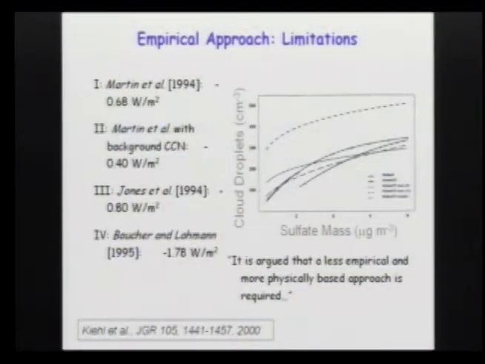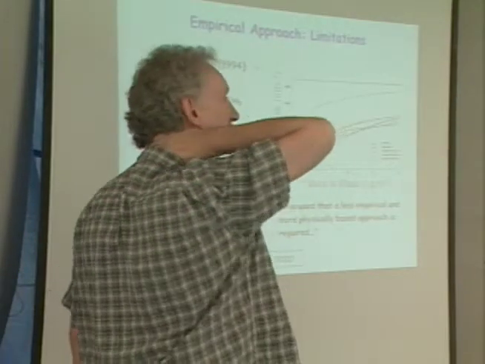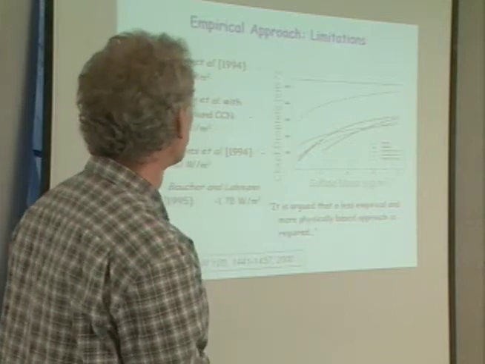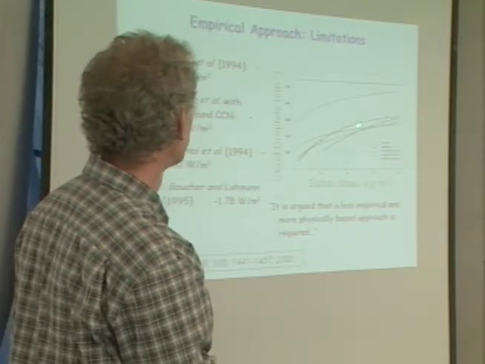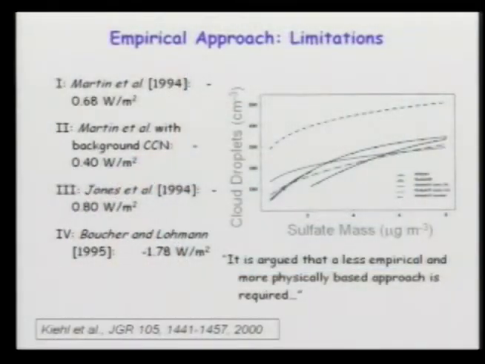There were problems noted early on with the empirical approach, and the relationships which were derived have been shown to be region and regime dependent. I'm showing you a bunch of different relationships that were derived for different field experiments and different studies.